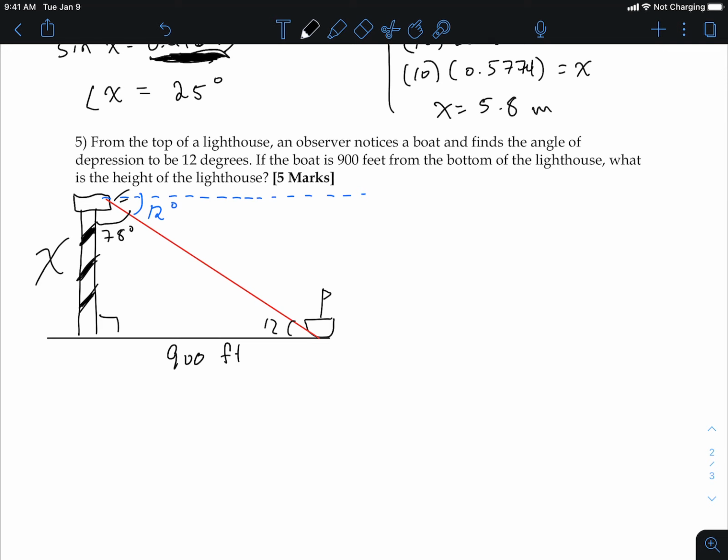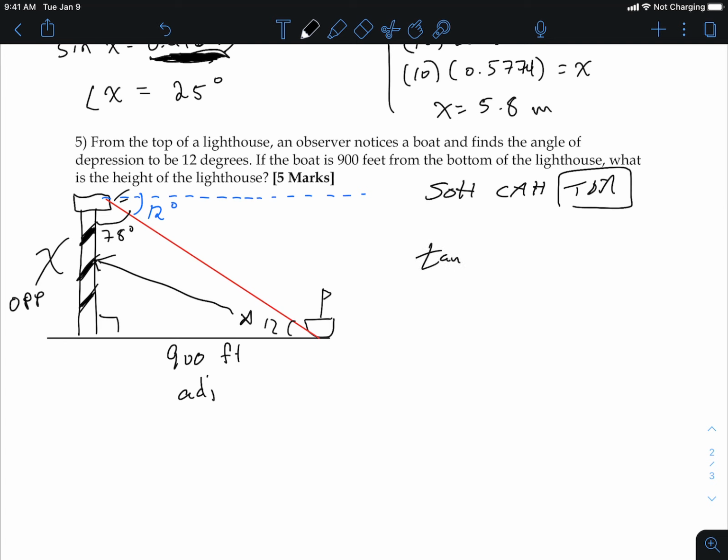Okay? Let's stand here at the 12 and look across. What do I see? Opposite. I see the lighthouse. It's opposite. Okay? Which makes the 900 the adjacent piece. If I write SOHCAHTOA, I see that I'm looking for opposite, and I have adjacent. That sounds like tangent. Okay? So, let's pick tan.